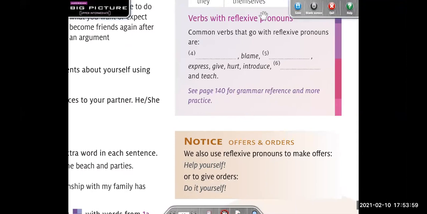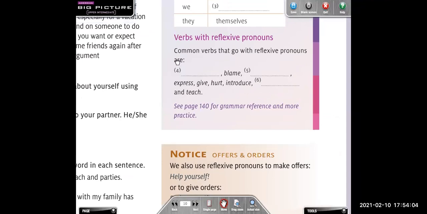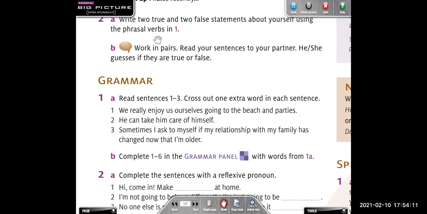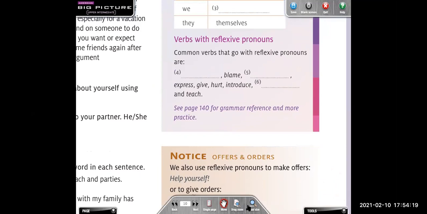Okay, good. So here we have verbs with reflexive pronouns. It says common verbs that go with reflexive pronouns are, so we are going to try to complete with verbs that we have here. Okay? So let's see, what verbs can you use here? Enjoy.